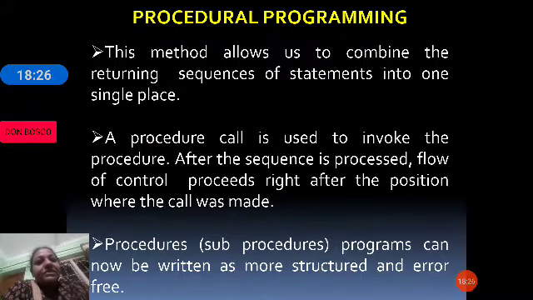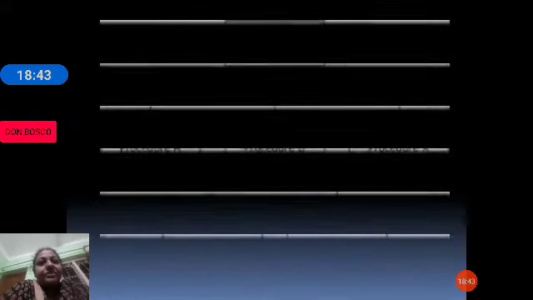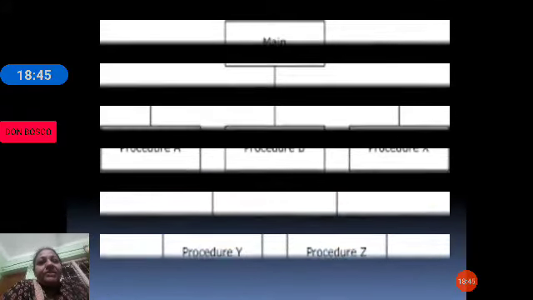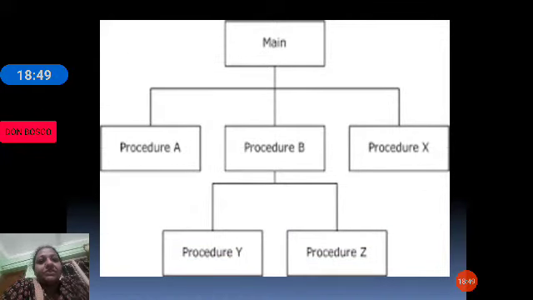A procedure is a subprogram that can be written in a more structured and error-free way. As you can see here, there are n number of procedures and there is only one main function. Each procedure will do a specific task.